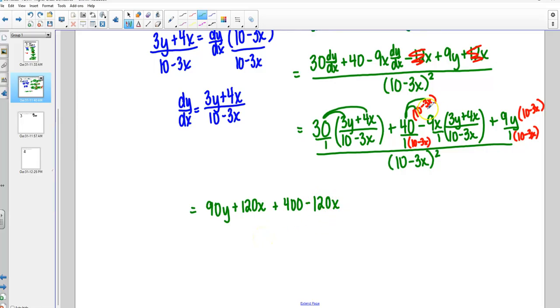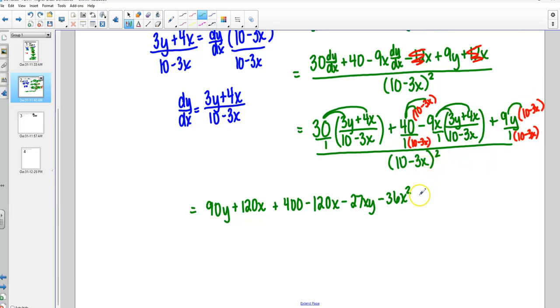I got a positive and a negative of 120x. All right, make sure when you distribute this 9x here, it has a minus in front of it. So minus 27xy minus 36x squared.